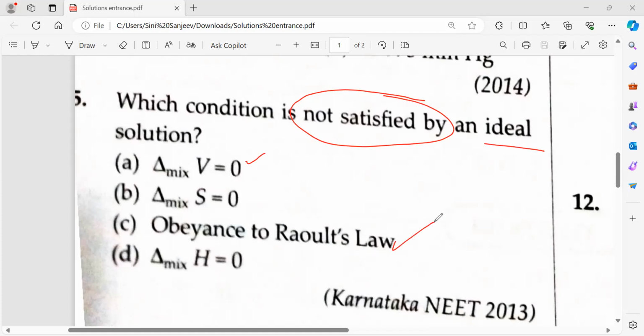Obeys Raoult's law is also correct. What about delta H, the enthalpy? The heat change is also equal to 0. These are all conditions of an ideal solution. So the only thing which is not true is that the entropy of mixing is 0. So this is not satisfied. Option B is the answer.